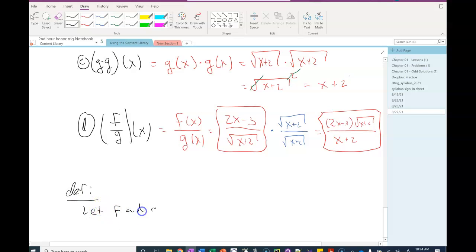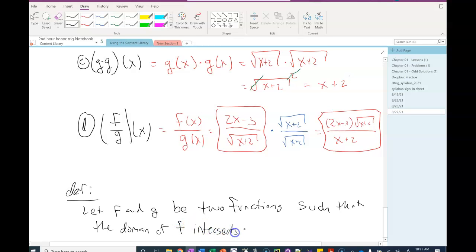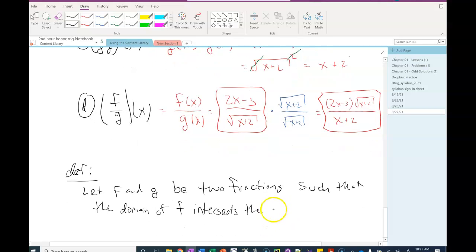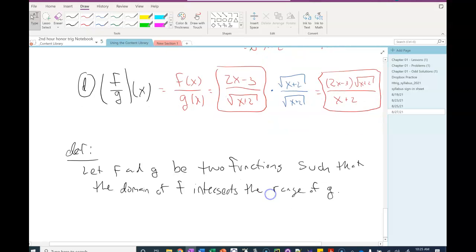Let f and g be two functions such that the domain of f intersects the range of g, then we say that the composition of f and g, which we write f compose g of x.